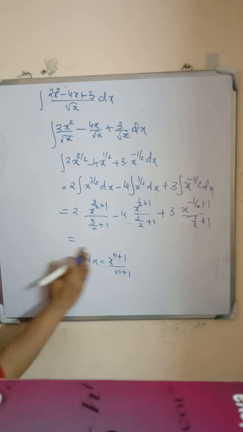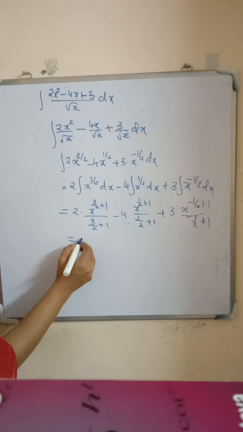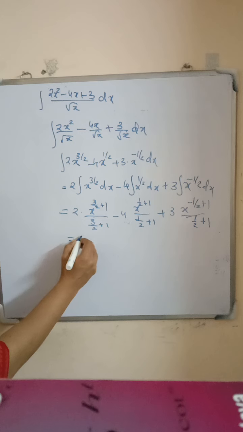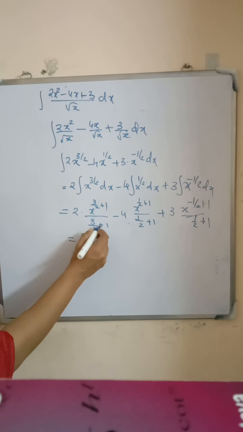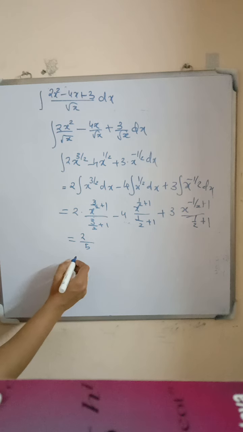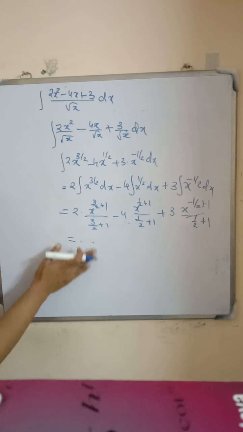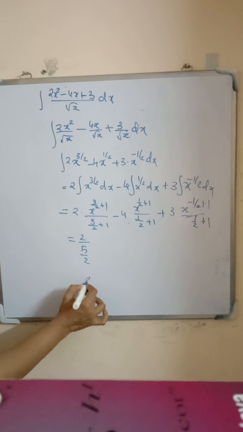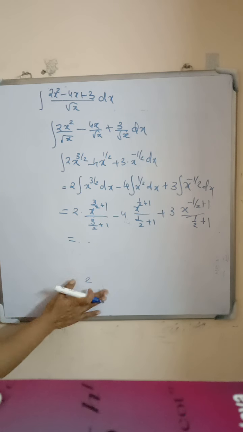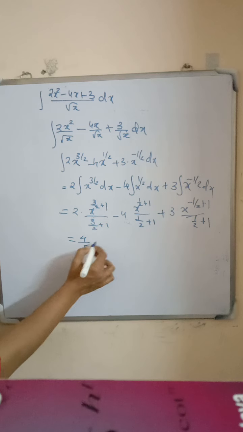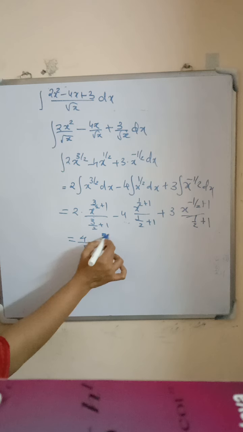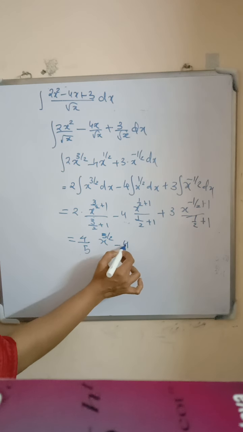So the answer is 2 by 5 by 2, that is 2 into 2 by 5, so it is 4 by 5 x raised to 3 by 2 plus 1, which is 5 by 2, minus 8 by 3.